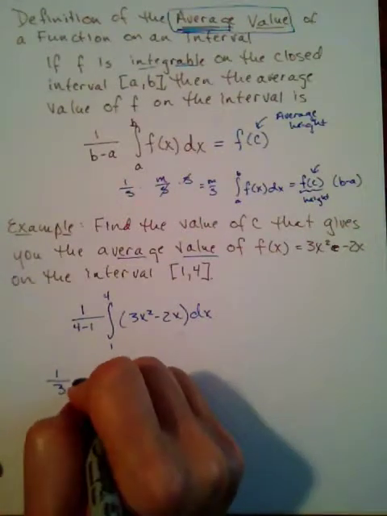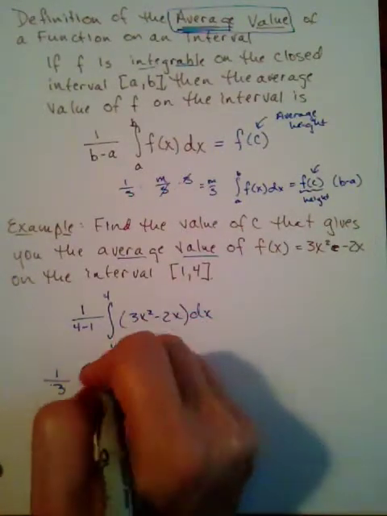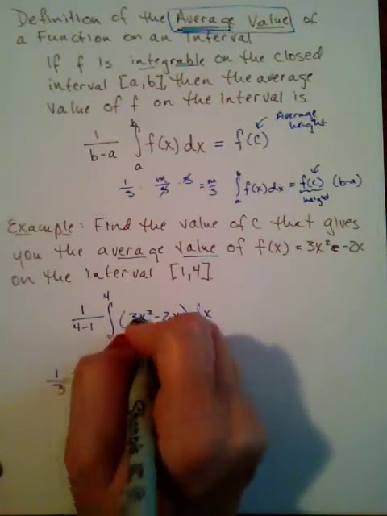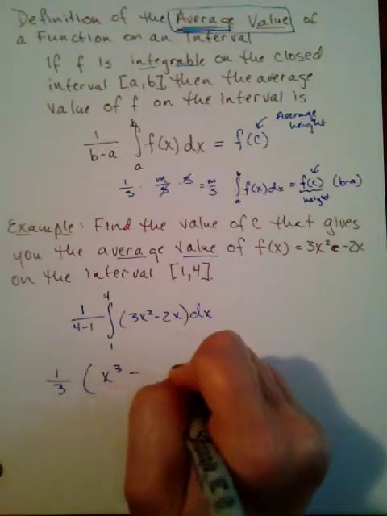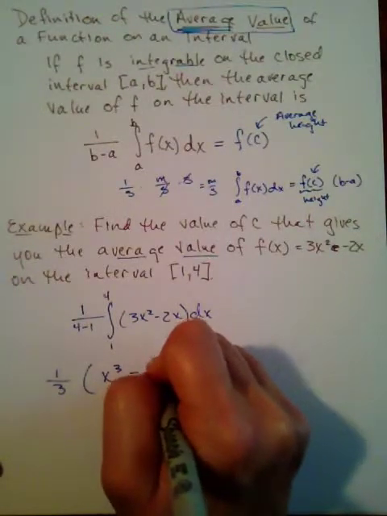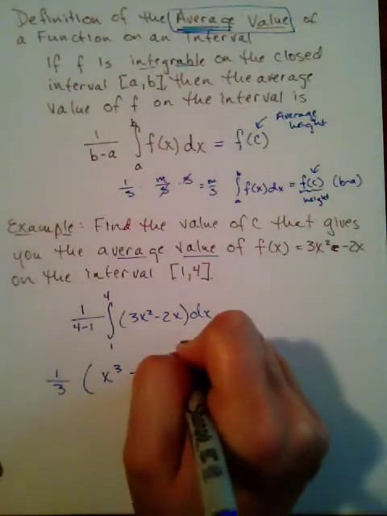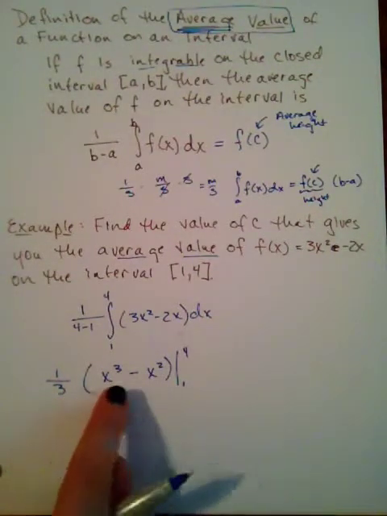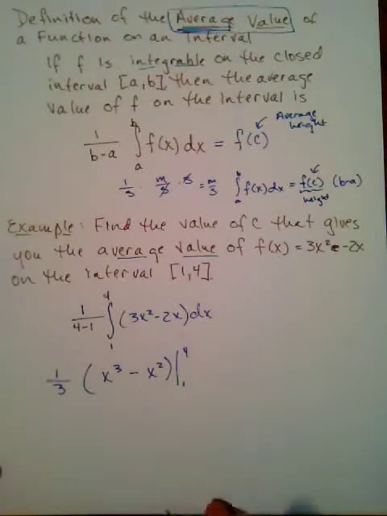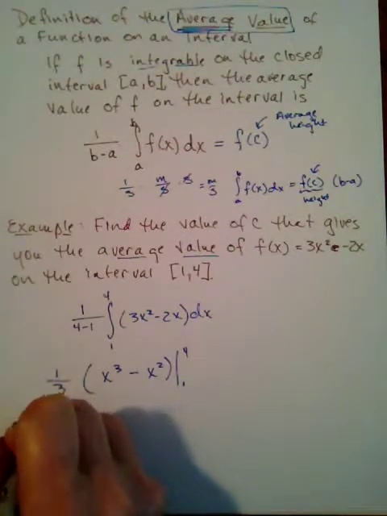And then to do the rest of it, I'm going to take the antiderivative, so I'll raise the power, divide by my new power, and this is just an x cubed minus x squared from 1 to 4. So you can multiply the 1/3 in the end or keep it on each term. It really doesn't matter. So I'm going to just keep the 1/3 on each term for right now.